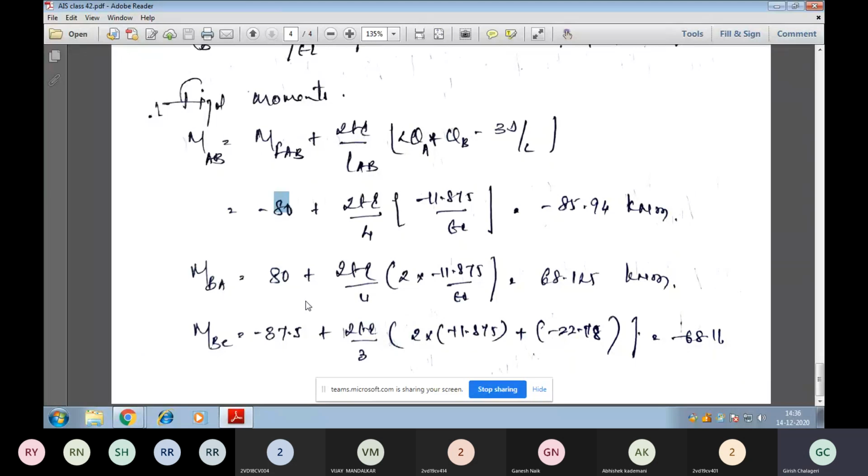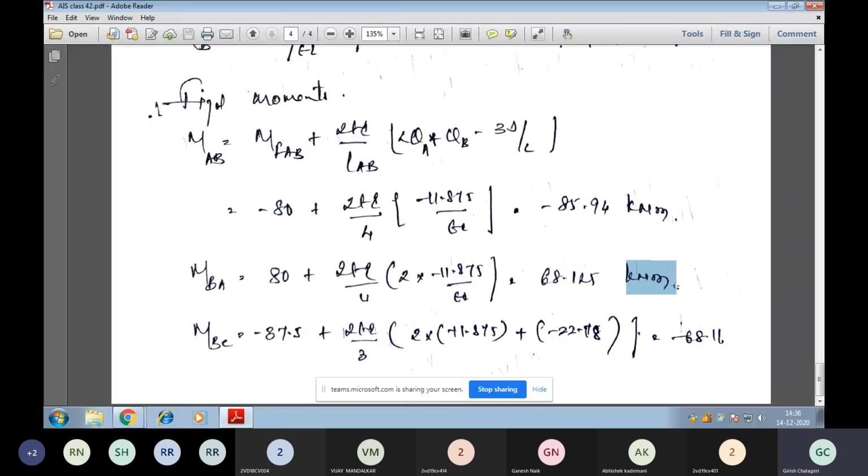Substituting this value, the moment at joint B for member BA will be 80 plus 2EI by 4, bracket of 2 times theta B, that is minus 11.875. So 4 by 4 cancels, left with minus 11.875 plus 80, we get 68.125 as the moment at joint B for member BA.